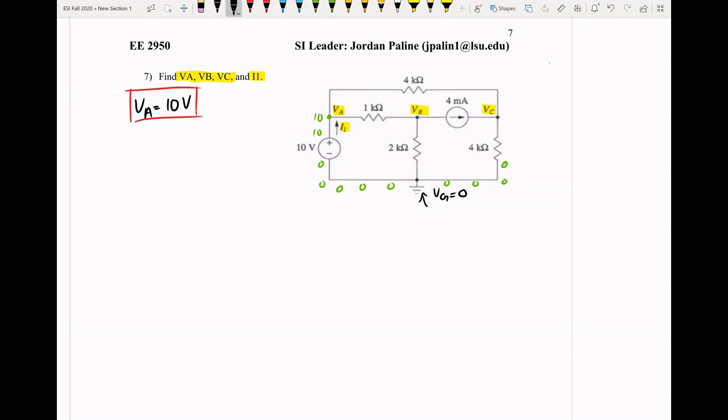All right, but we still have VB and VC and I1 to find. So let's take a look at V of B, and let's assume that all of our currents are going to be exiting.